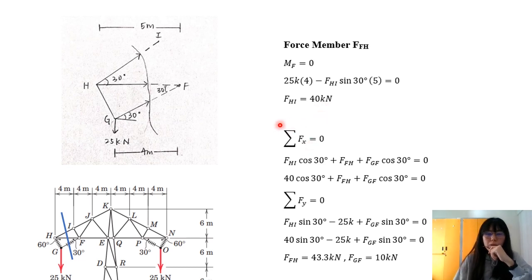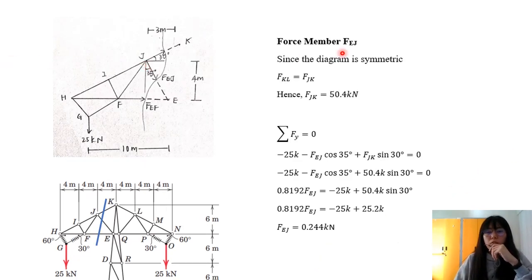Then we use summation of Fx equals 0 and summation of Fy equals 0 to create two equations. Then we substitute the value of FHI into them. Then using a calculator, we can find that FH equals 43.3 kN.